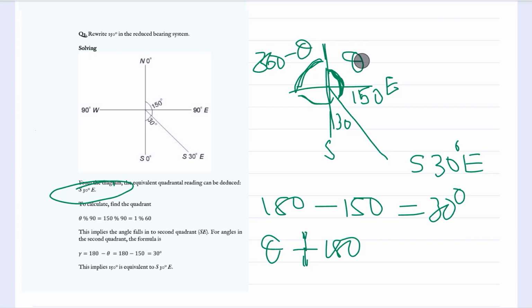This part is theta, this part is 180 minus theta, this place is 180 plus theta. Do you understand that now? That is what we are doing there. Or you can also say that this place too, yes, I think you are good to go like that. 180 plus theta.